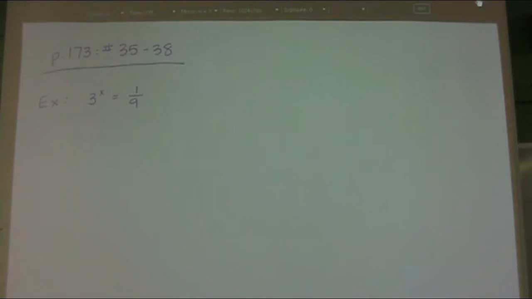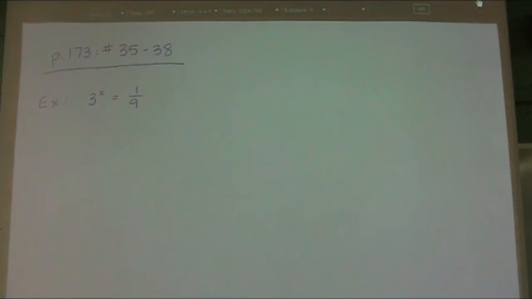Okay, so I just want to go over some examples that are like those in our homework tonight, page 173, 35 to 38 all. And I'm using some simple examples here to show you the concept that you're going to be using.